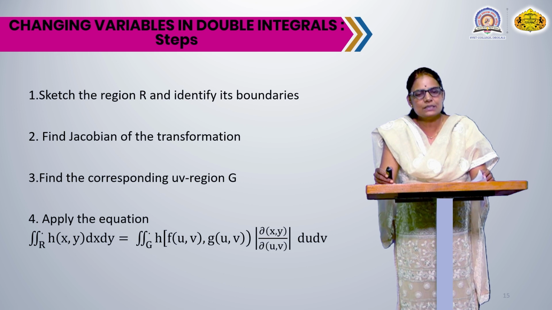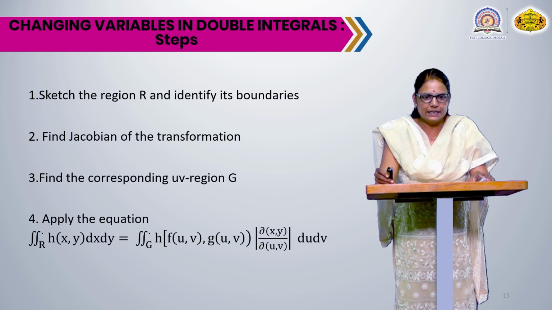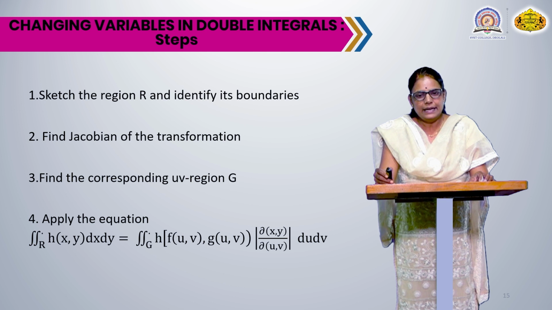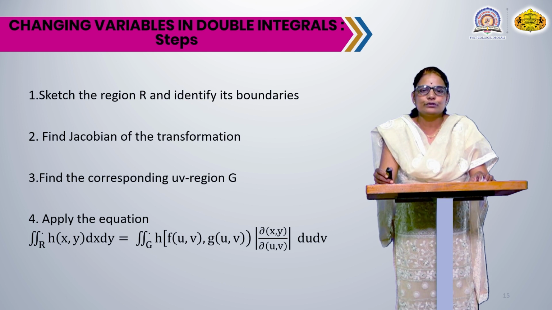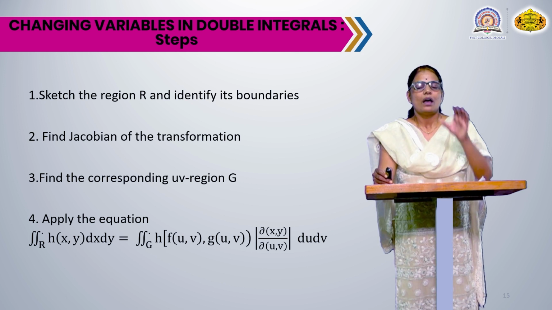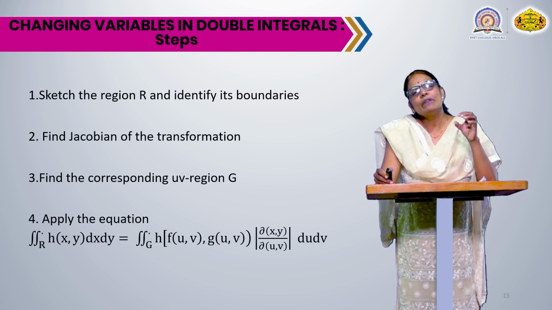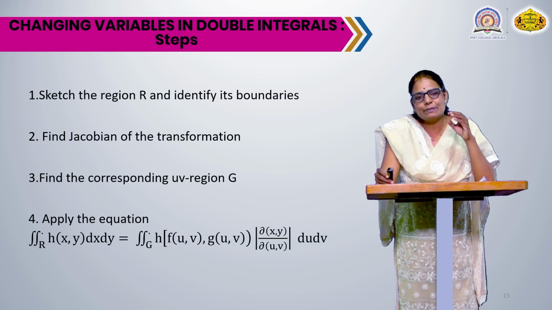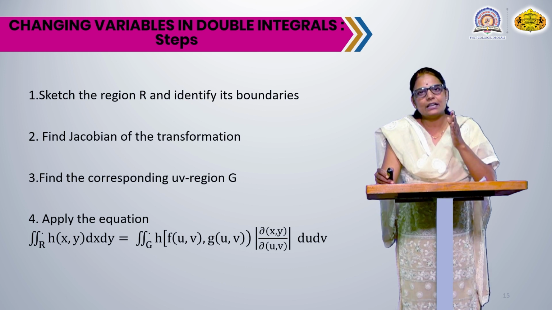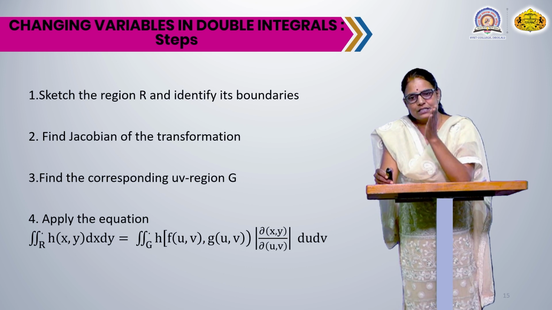And the last step is we apply the formula: the double integral of h(x,y) dx dy over R is the same as the integral of h(f(u,v), g(u,v)) over the region G times the absolute value of the Jacobian determinant times du dv. Here, our original variables are xy and now we replace these by another set of variables, the uv variables.